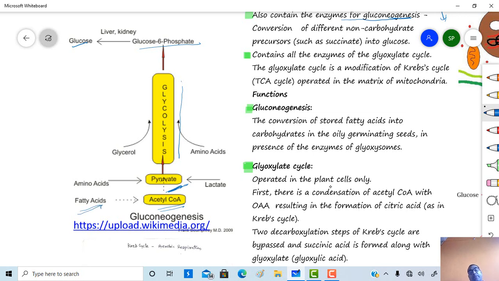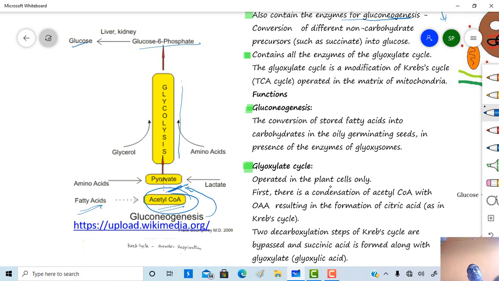During the breakdown of fatty acids, or the beta oxidation process, the chain of the fatty acid is decreased by 2 carbons, and these 2 carbons are present in the form of acetyl coenzyme A. If you see here, this acetyl coenzyme A plays an important role in the formation of pyruvate.